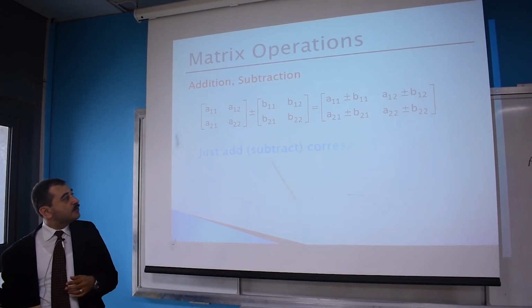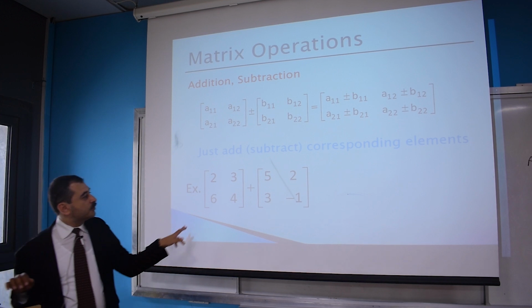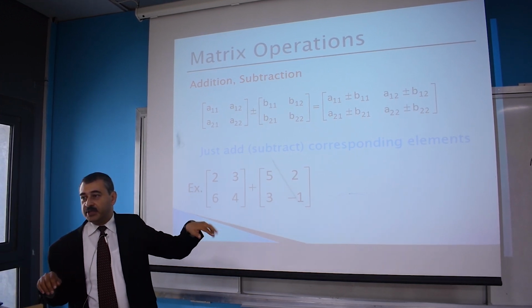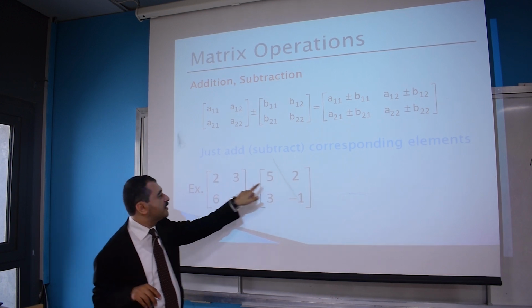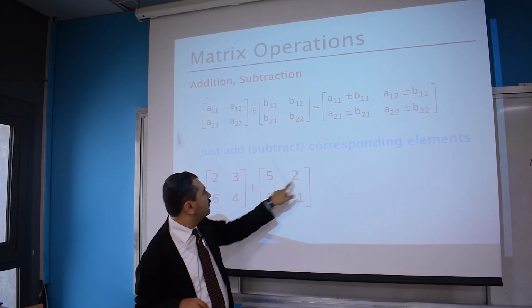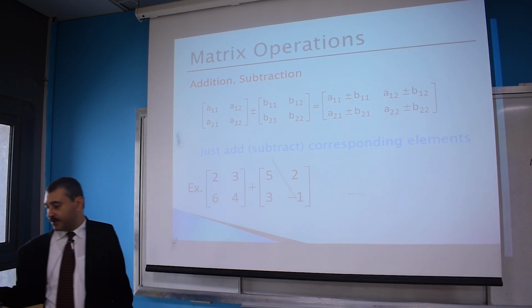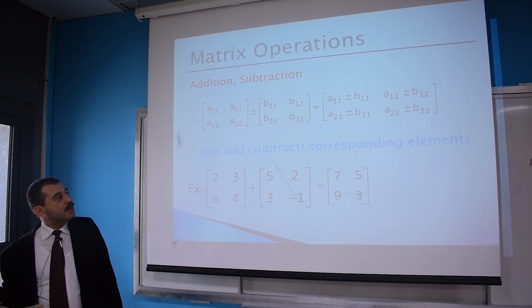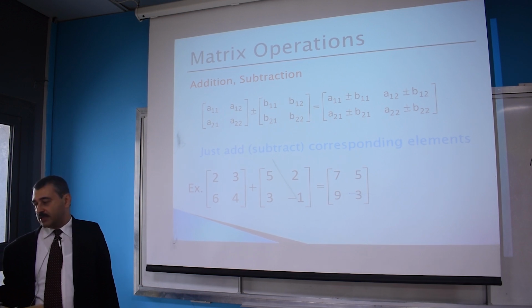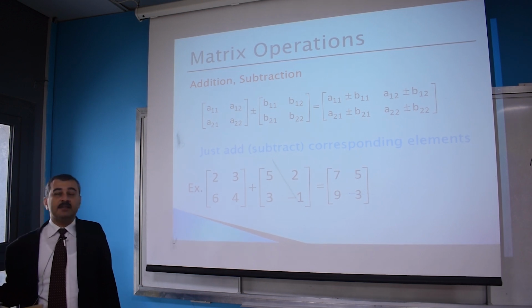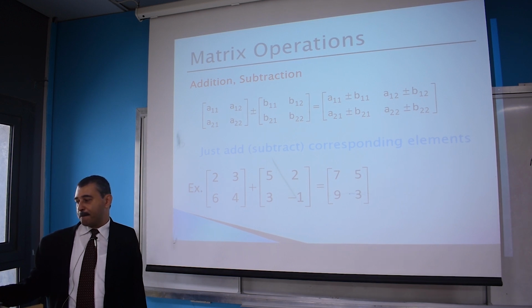Okay? So for example, if I want to add these 2 matrices, the sum would be: the first element would be 7, and then 5 and 9 and 3. So this is simply the addition or subtraction of 2 matrices. Just add or subtract the corresponding entries.